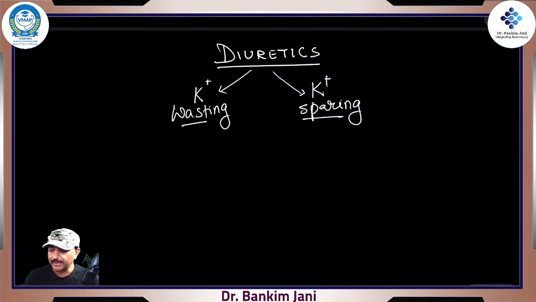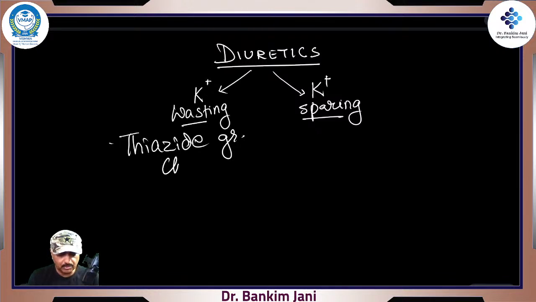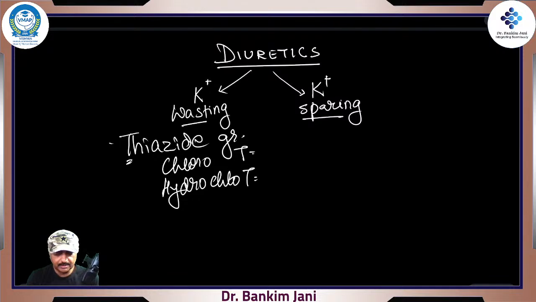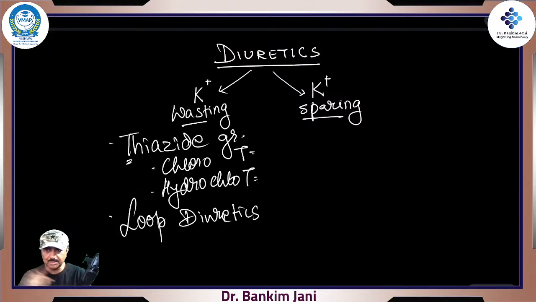Potassium wasting diuretics allow the potassium to pass into the urine. One is called the thiazide, which is a group, so chlorothiazide, hydrochlorothiazide. Then others are called the loop diuretics. They act on the loop of Henle, where there is a counter current mechanism.